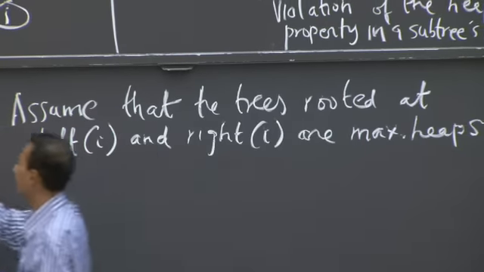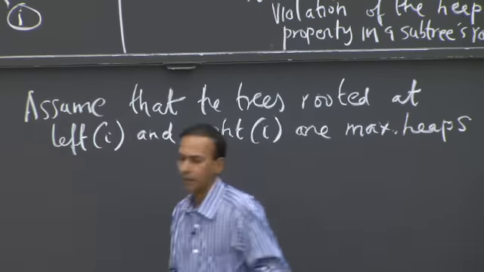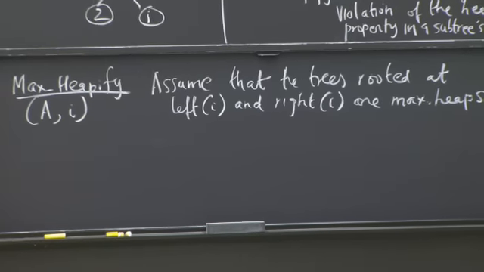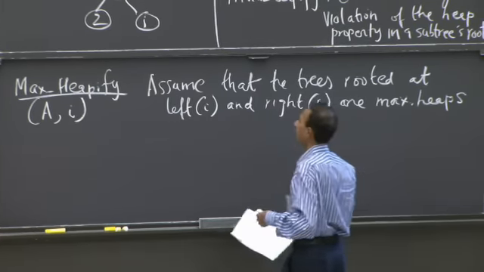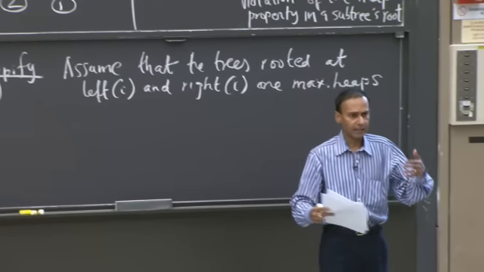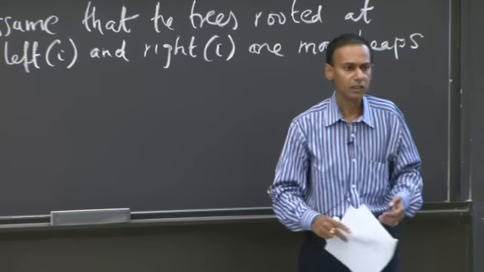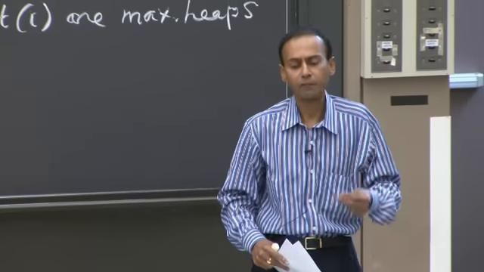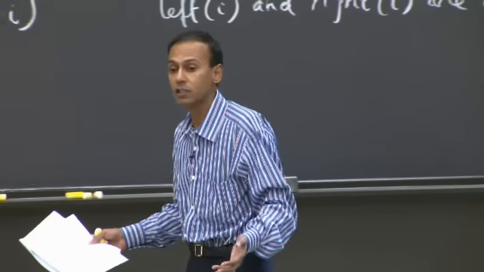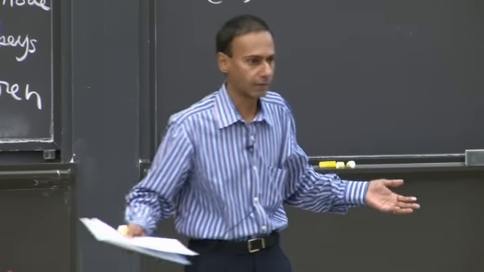Right? So Max-heapify is going to look like A comma i. A is simply the array, and i is the index. Max-heapify is allowed to crash and not do anything useful if this precondition is violated. But if the precondition is true, then what you have to do is return a max heap correcting this violation. All right? That's the contract.